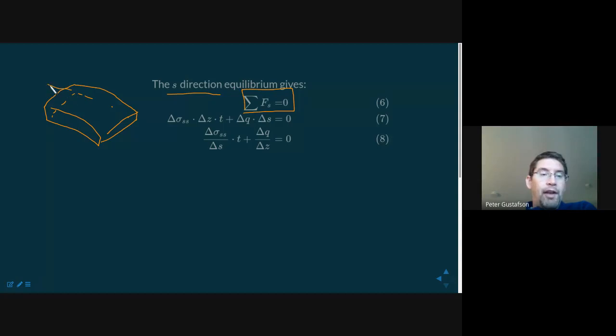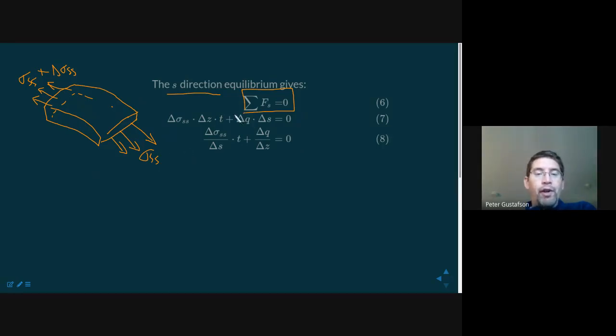Now we have the normal stresses sigma zz, sigma ss, and we have the corresponding sigma ss on this side over here. We have a differential from one side to the other, so we can do plus delta sigma ss over this length delta s.